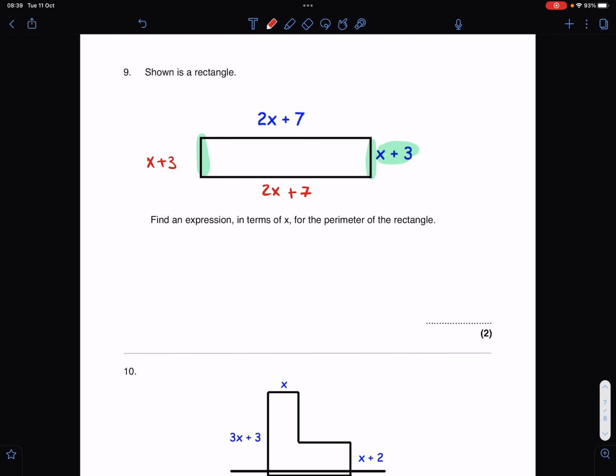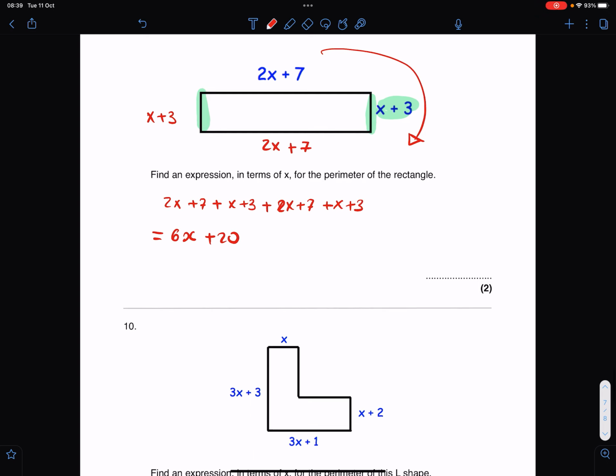So all I need to just add them up, like 2x plus 7 plus x plus 3 plus 2x plus 7 plus x plus 3. Basically, I'm just adding up in this way. So 2x plus x plus 2x plus x going to give us 6x, I guess. 7 plus 3 will be 20, if I'm not mistaken. If I haven't done any mistakes, it's supposed to be like this.